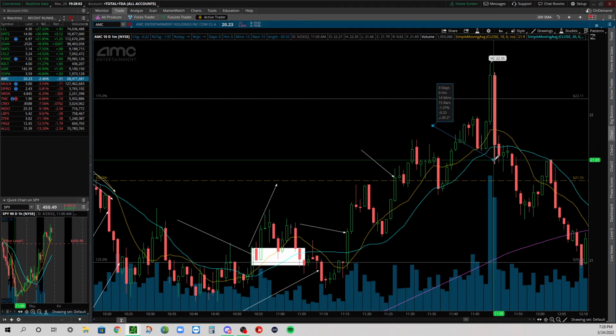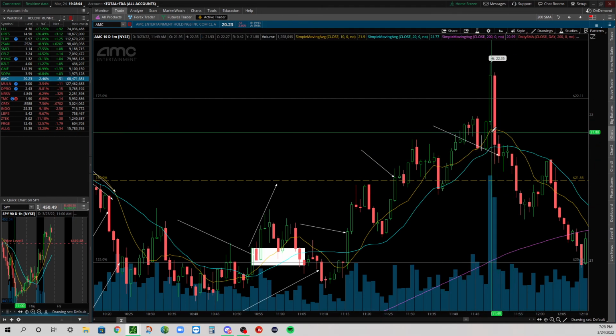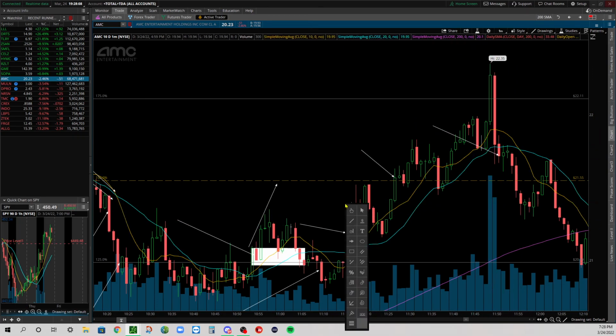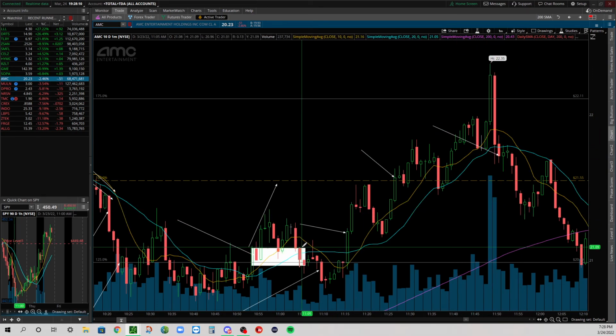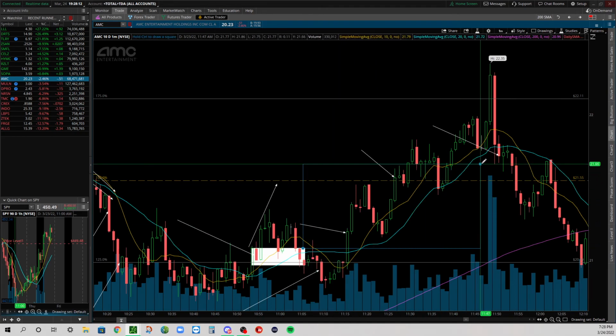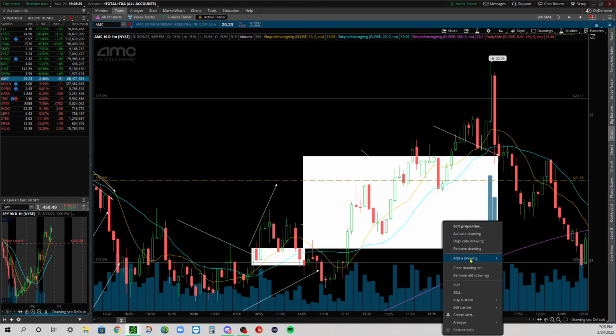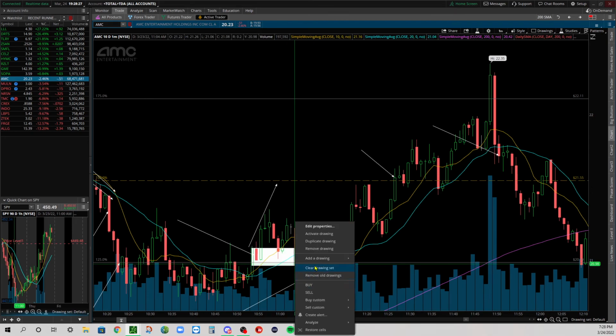You would have gotten out right in this candle because that's when it fell below the 10 and 20 and you have the curl. So if I draw that box to compare how big your wins are, that's your wins. If you follow this process, your winners are always going to be bigger than your losers.